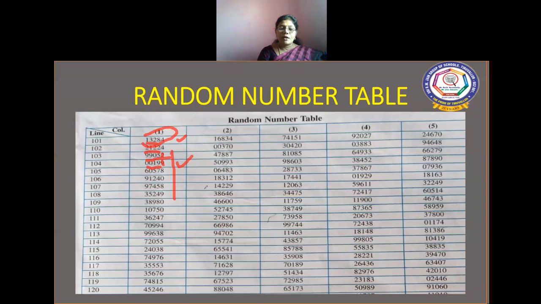So here also it is not compulsory to select from column 1 alone or column 2 alone. So whichever column we want, we can select. Actually only one page we have here as a sample, but this random number table will have lot of pages according to the sample we are going to collect.